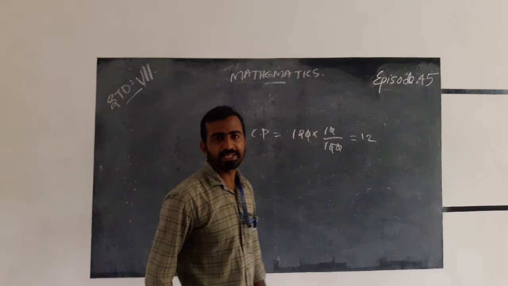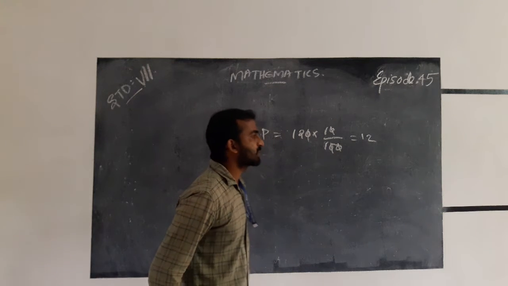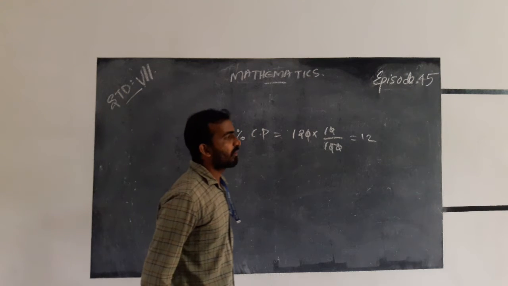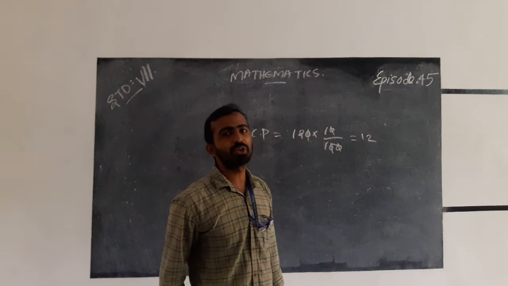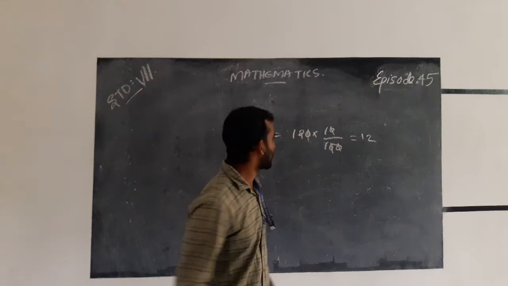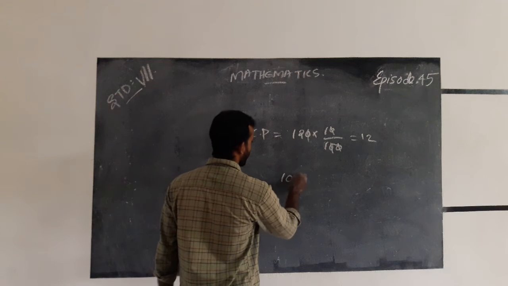Our cost price CP is 120, so we take the difference, 120 minus 12, and we get 108 rupees.